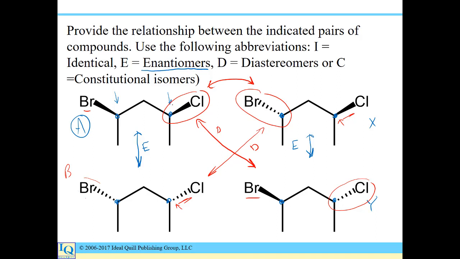Configuration of the bromine carbon, configuration of the chlorine carbon. So those are diastereomers as well. And finally, if you compare B to Y, you've kept the configuration at the carbon with the chlorine the same, but the configuration at the carbon with the bromine on it has changed. It's a hash line here, it's a wedge here. So those are also diastereomers.